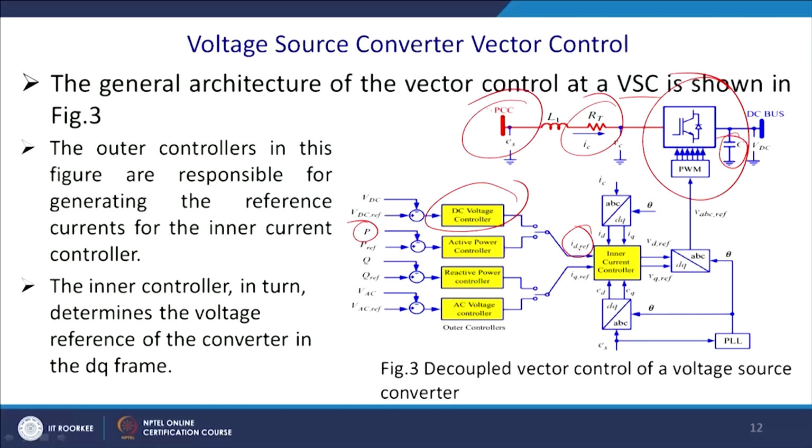In the same way you will have a Q reference, because you may not be allowed to take the current at unity power factor, you may be allowed to take the current at some power factor prescribed by you. So, you may be penalized for not doing that, and for this reason you will have that issue also.